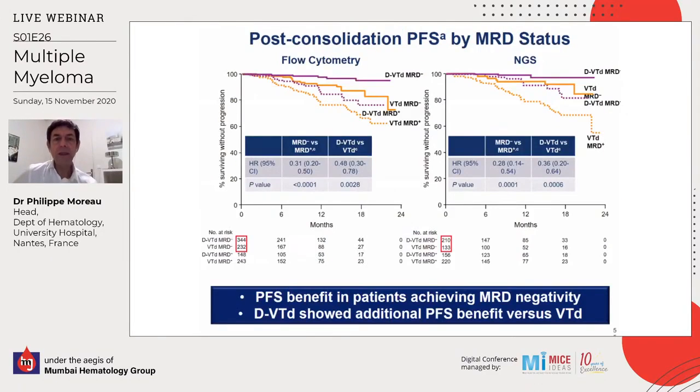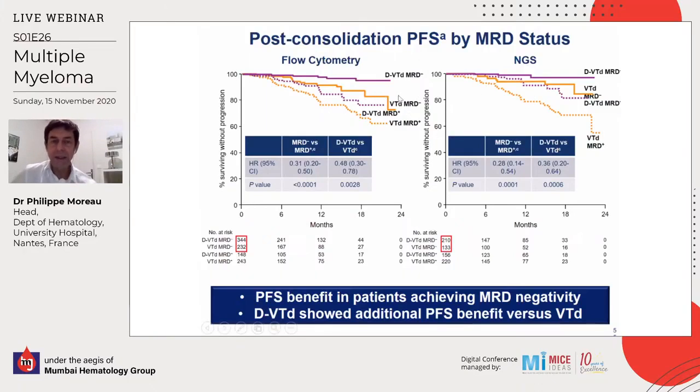And when you are looking at the outcome of the patients according to MRD negativity, we looked at flow for all patients, but also NGS 10 to the minus 5 on a subgroup of patients. But the subgroup is very important. That's more than 800 patients that were analyzed for NGS as well. You see definitely that those patients reaching MRD negativity have a better outcome.